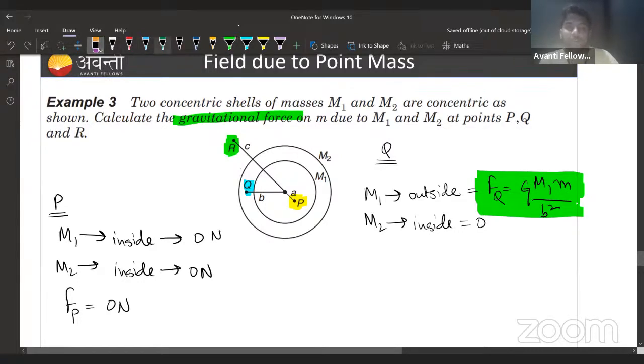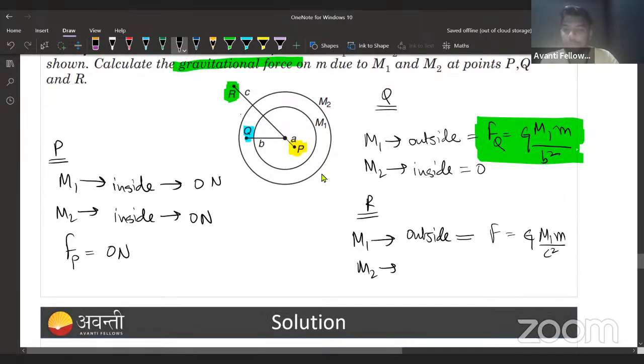Let's just talk about point R. For the M1 sphere, point R lies outside, right? So outside, what will be the value? G M1 M by C square. What is the value for M2?